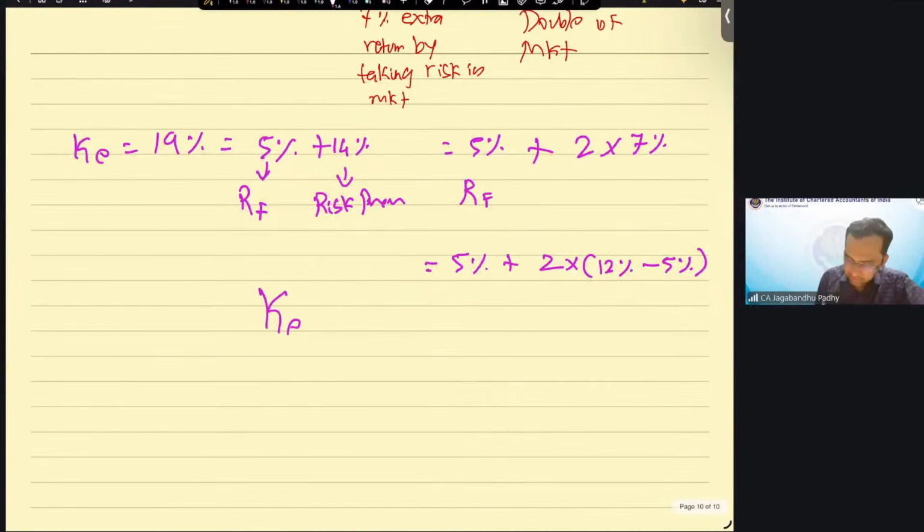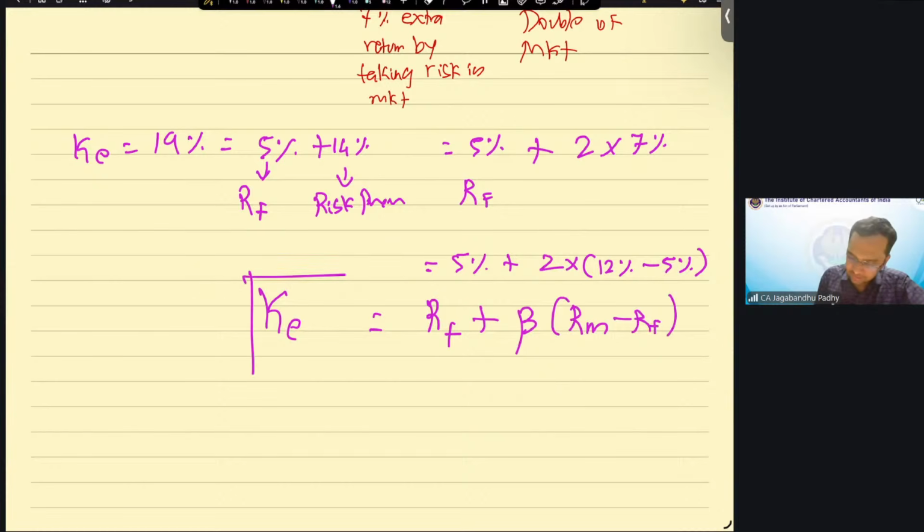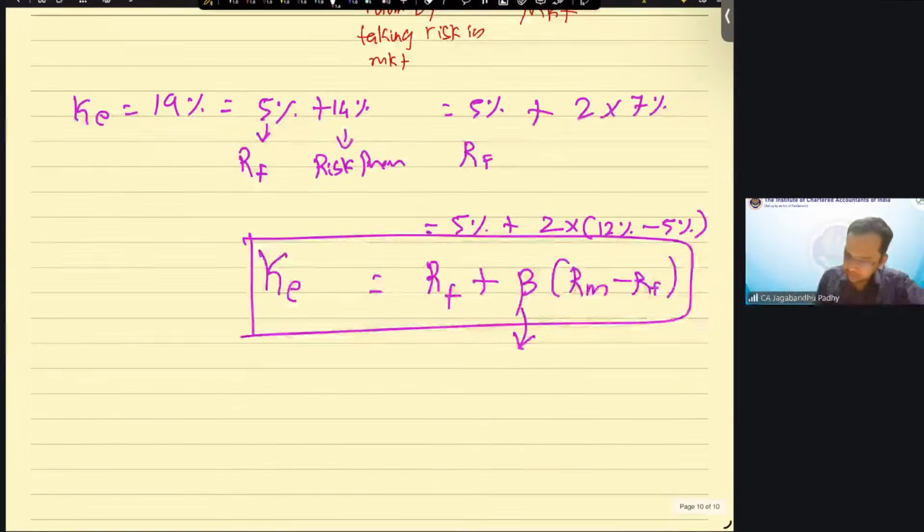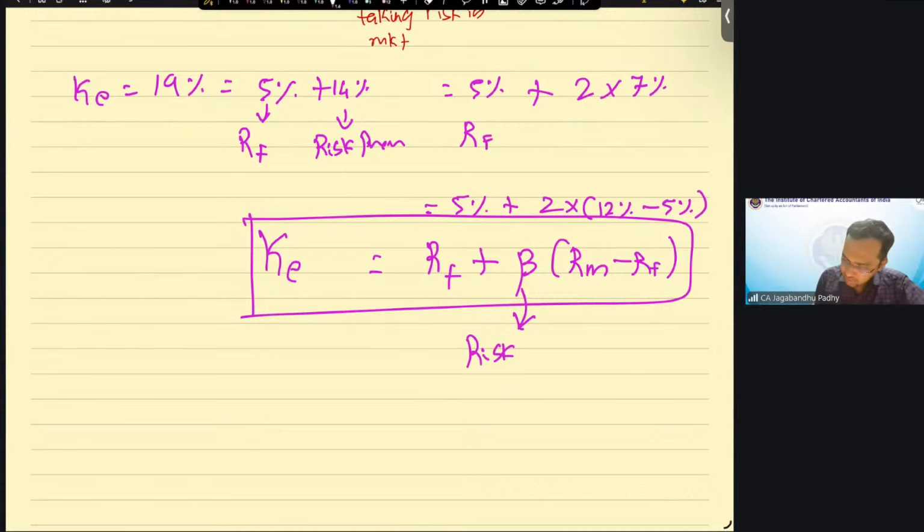And finally, we can call this, sir, 5% is the risk-free rate of return that I want, plus beta into market rate of return minus risk-free. This beta is the risk of the company as compared to the market.